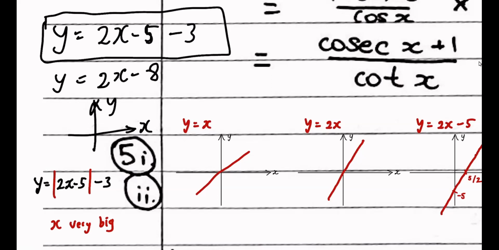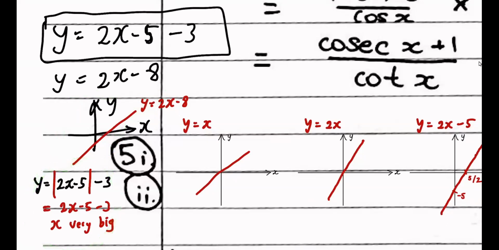Then it means that when x is very big, this will be exactly the same as 2x minus 5 minus 3. So maybe the graph will be exactly the same as whatever you've drawn just now, y equals 2x minus 8. But that's only when x is very big, the right half. For the left half, we are not sure, right? So that's why we have to be a bit more creative when we are trying to draw the graph of this guy.